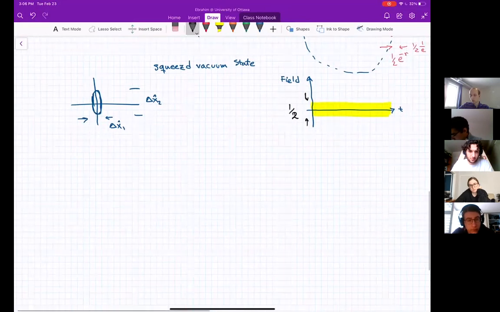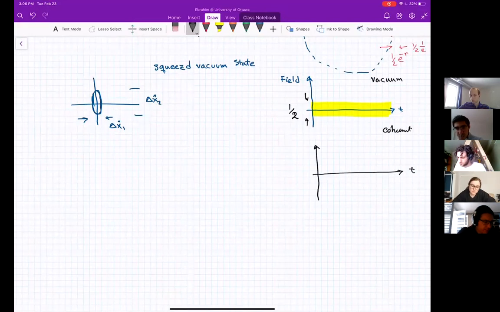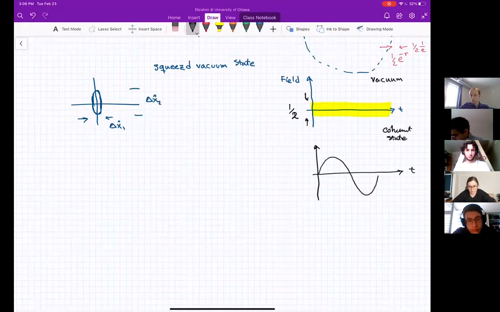While if you go for the case of a coherent state, you do have the oscillation, but this oscillation has an uncertainty which is expanding from a certain value, coming to a certain value.